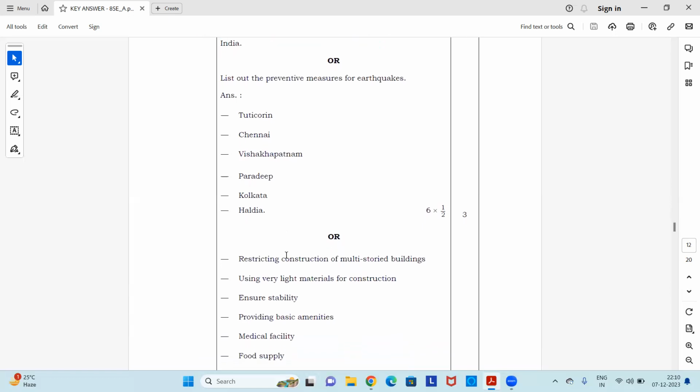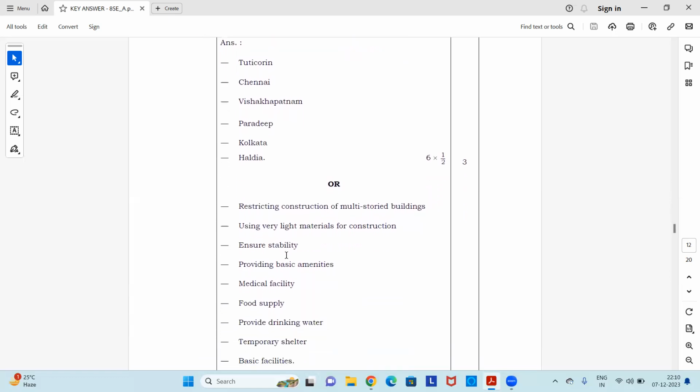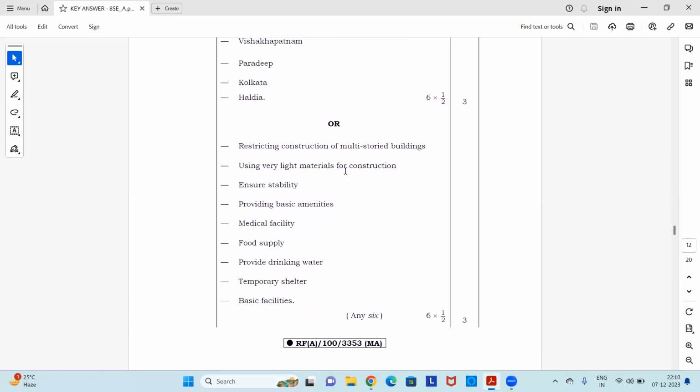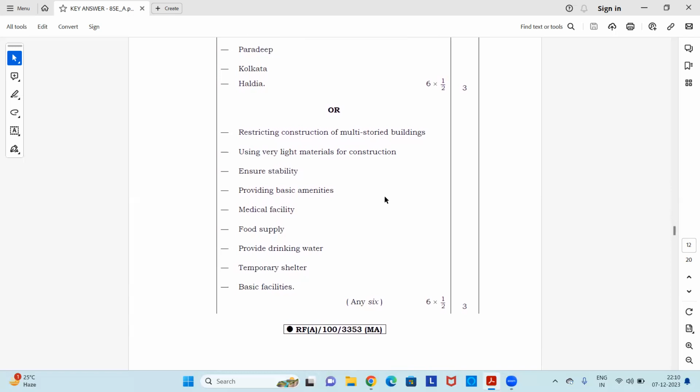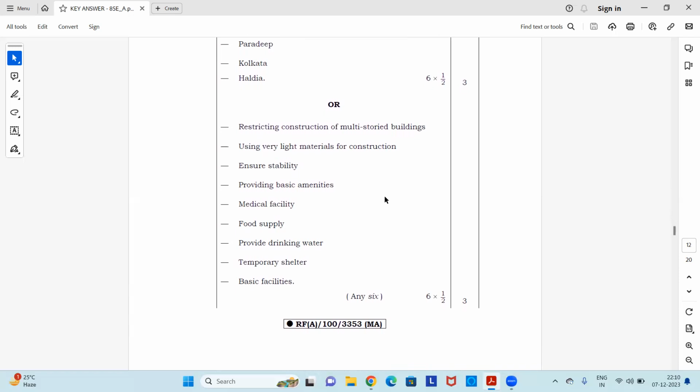Next, preventive measures for earthquake. Restricting construction of multi-storied buildings, using very light materials for construction, ensuring stability, providing basic amenities, medical facility, food supply, drinking water, temporary shelter, and basic facilities.